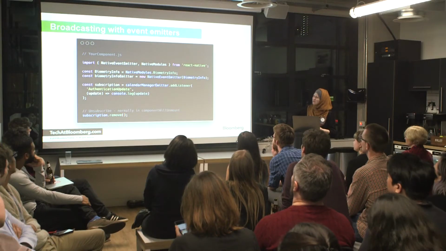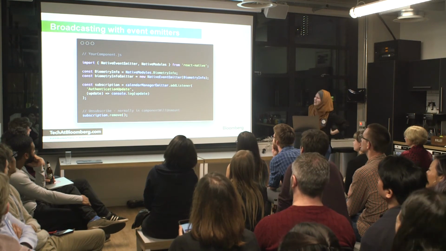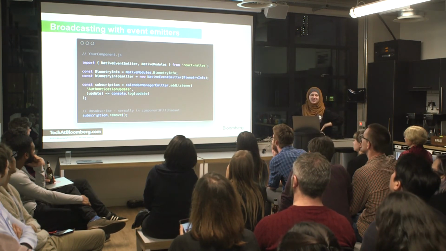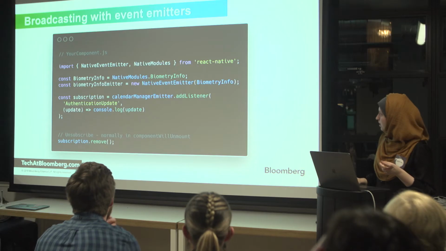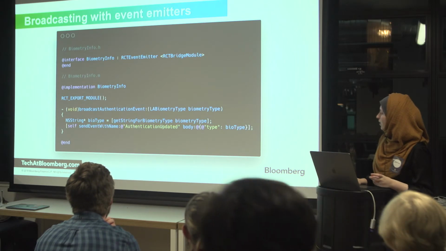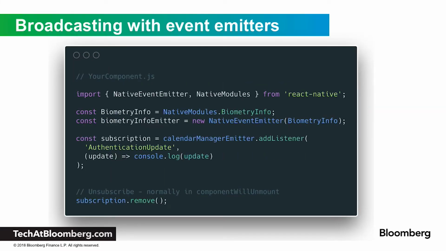But imagine that says biometry info emitter. So we can add a listener to our event emitter, and we can check for the name that we have registered in our native code, if it's spelled correctly. Sorry about that. But essentially, it's looking out for an authentication update message from this emitter.